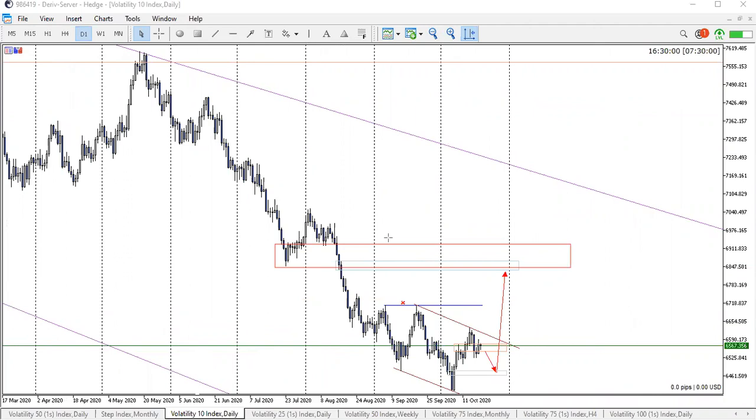On the daily chart, we can see that price has the opportunity to continue trading a bit higher. Since around here, I have been calling that price will come down to the downside and will push back up. So as long as you remember that analysis, you will remember that we are still bullish on volatility 10.